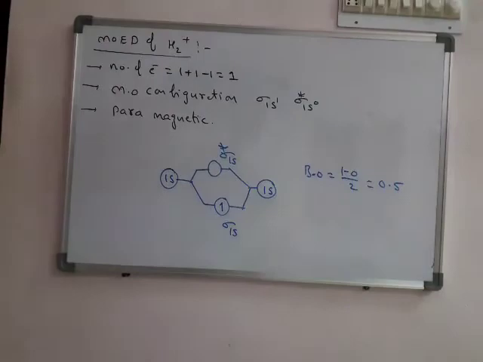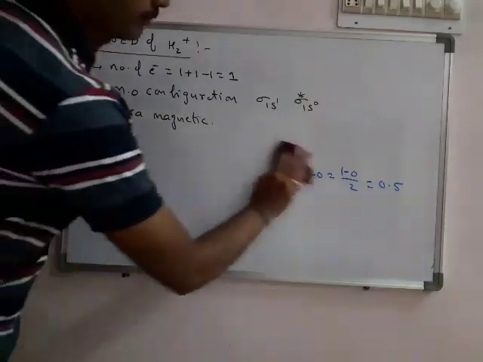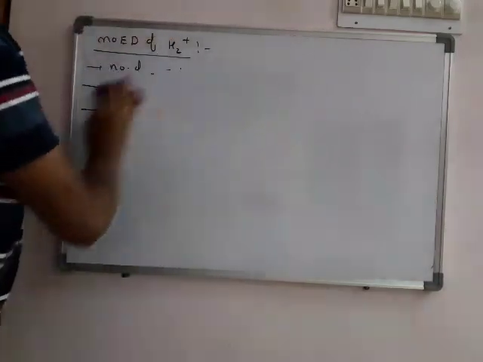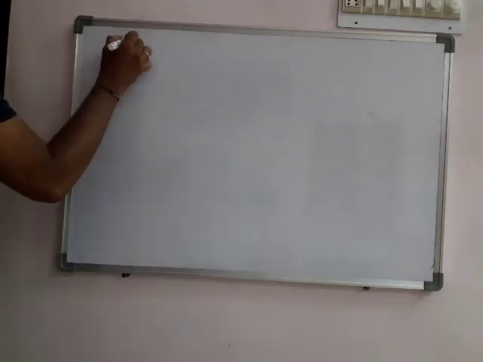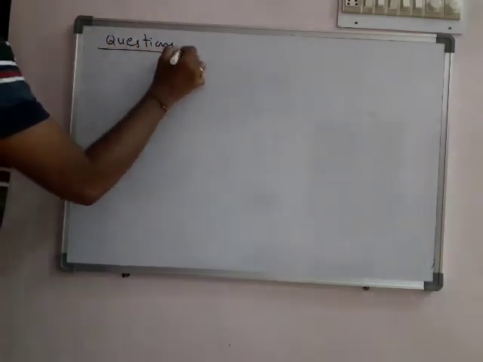Okay, so now I give some questions. Some questions based on molecular orbital theory, not exactly on the diagrams. Try to solve these questions. They are not multiple choice questions.